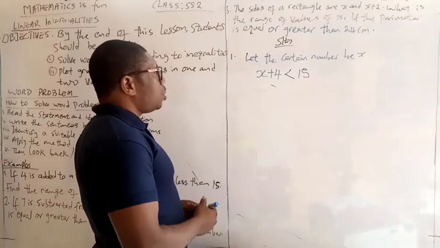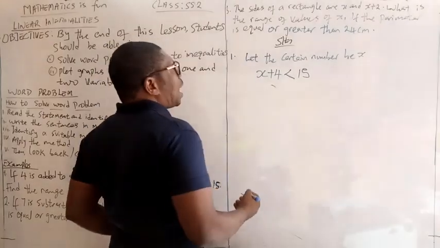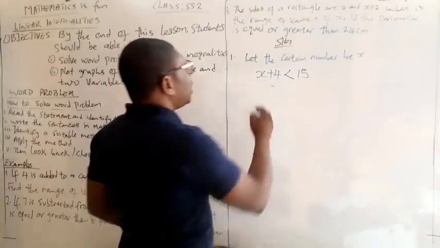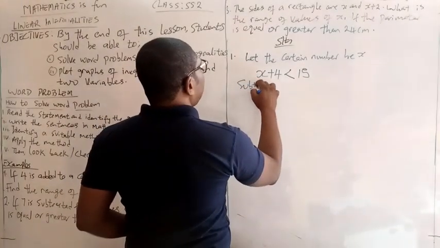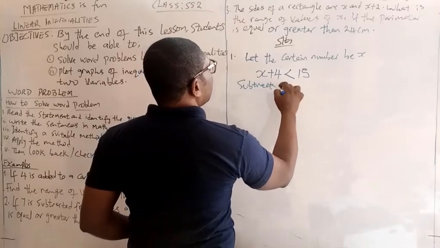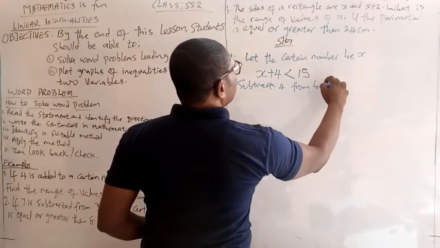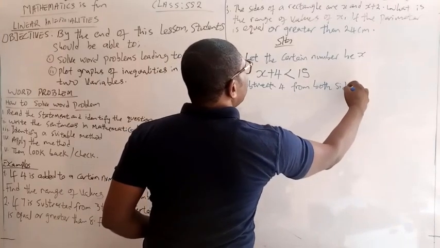So all I need to do is to subtract 4 from both sides. Why am I doing this?